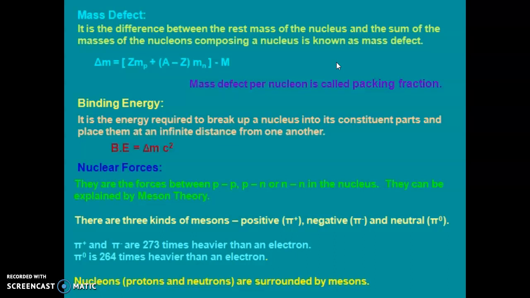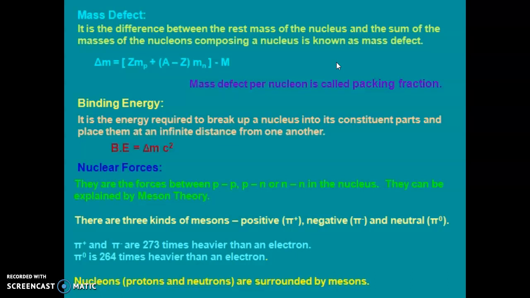What is mass defect? It was found that when we calculated the mass of the nucleons, meaning the particles inside the nucleus, one by one and added them, and then calculated the mass of the nucleus as a whole, the mass of the nucleus is less than the overall mass of all the nucleons.